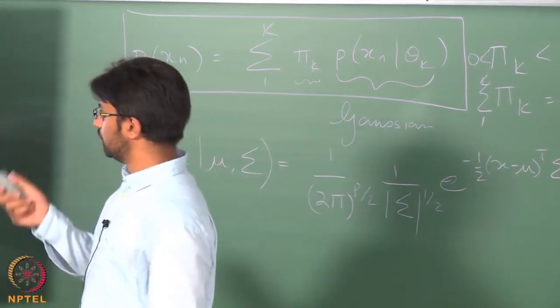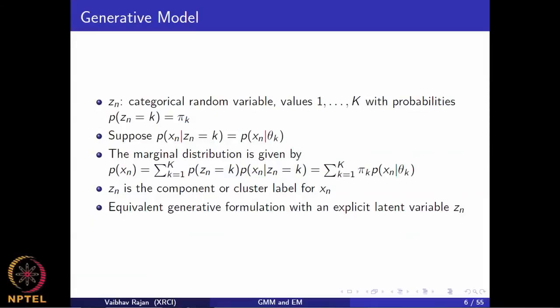To make it more formal, let us take Zn to be a categorical random variable, with the probability of Zn equal to k being exactly equal to pi k. So, it is a categorical random variable which takes values from 1 to K, and now suppose that the probability of the data xn given Zn equal to k is just the probability of xn given the parameters for that particular component.